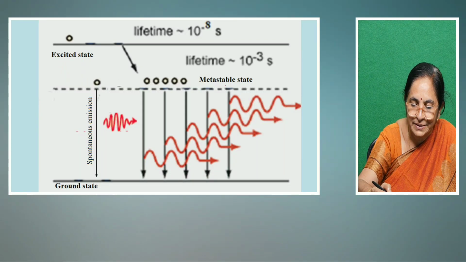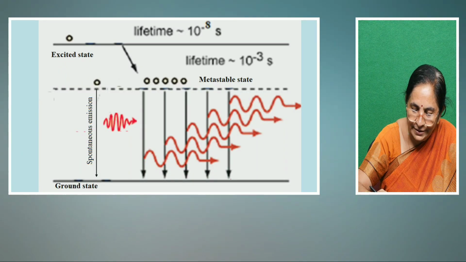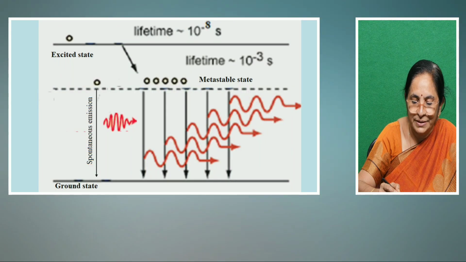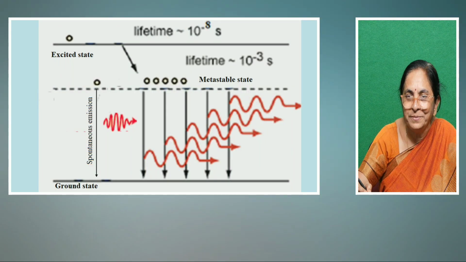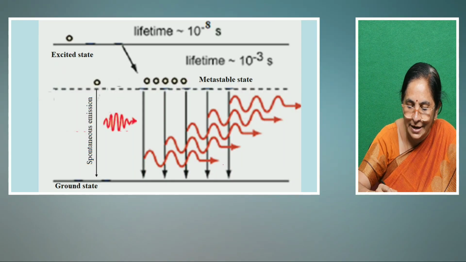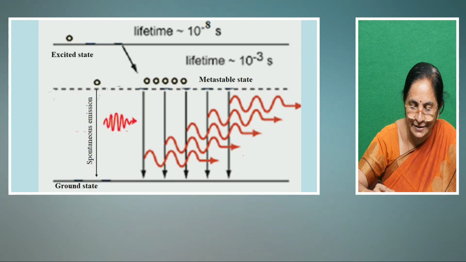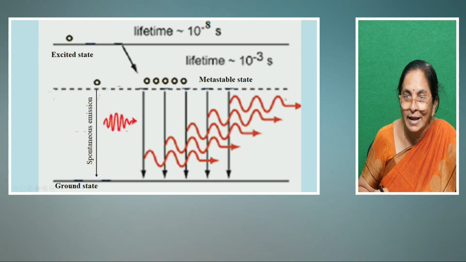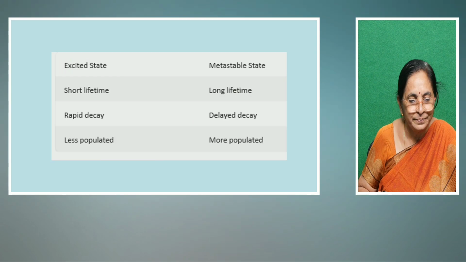From the metastable state, when the atoms are transferred to the ground level, they emit photons which travel in the same direction, have the same wavelength, and are all in the same phase, thus creating coherent light rays. This is called laser light.